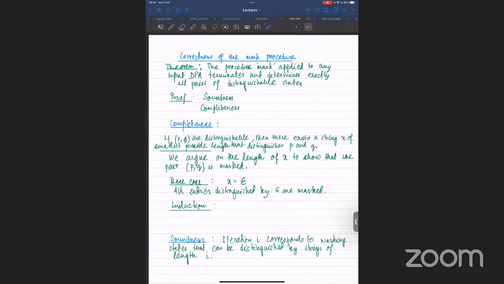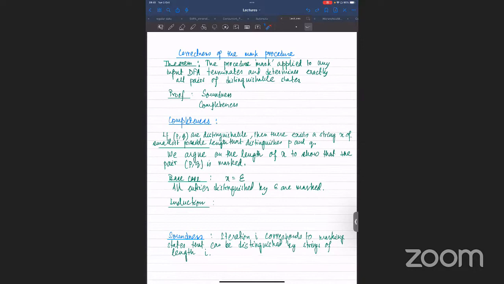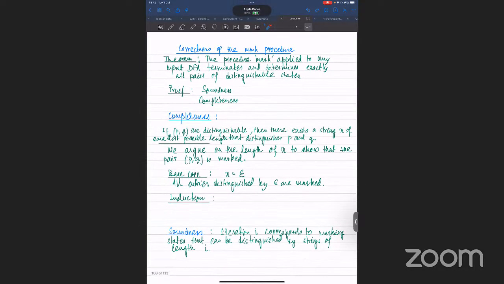first. So we discussed this in the last lecture, hence I'm going a bit faster, the broad ideas. So what is the idea of completeness again? If there is a pair of states which is distinguishable, then the mark procedure is going to actually mark them as distinguishable, right? So suppose there is a pair of states which are distinguishable, then there exists a string.